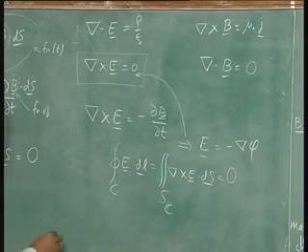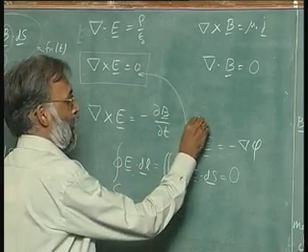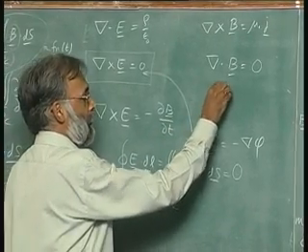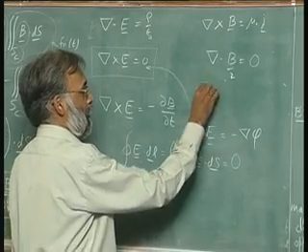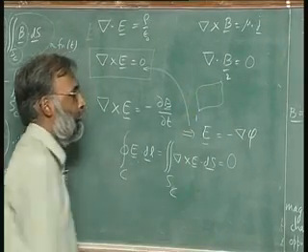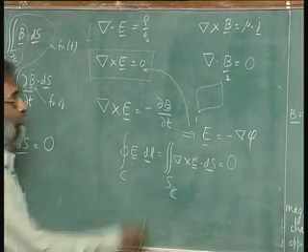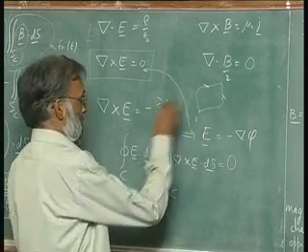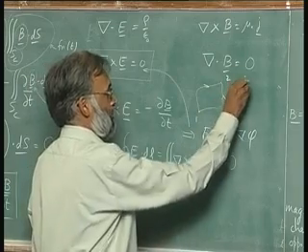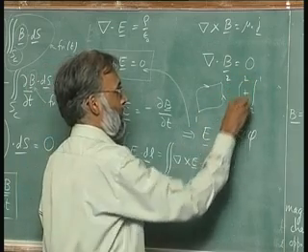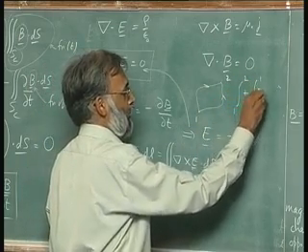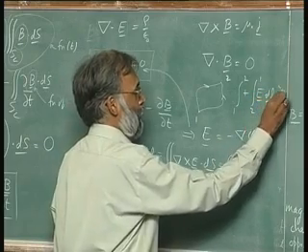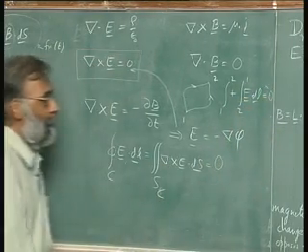And from this idea, we had that if you have any point 1 and any other point 2, if you take any two different ways of going from 1 to 2, you could do an integral 1 to 2 plus an integral 2 to 1 of E dot dl, and it will give you 0.